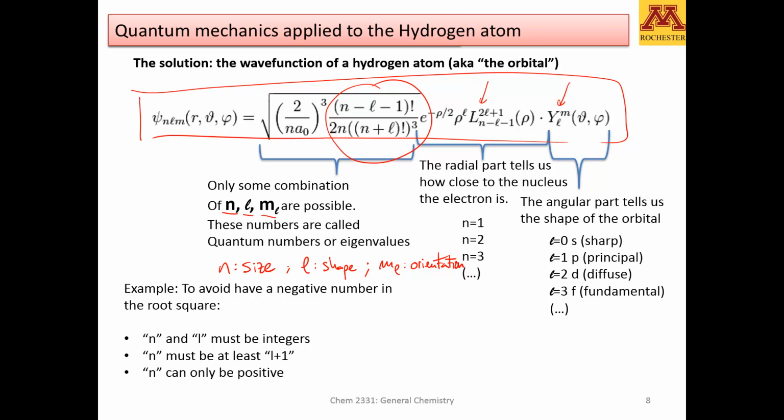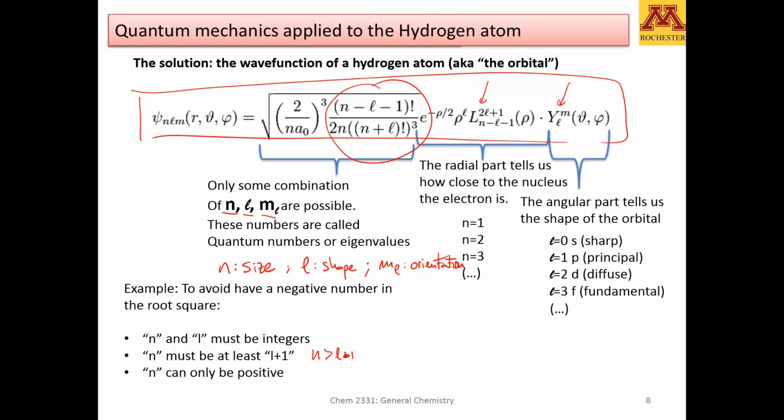And also notice that because these numbers are inside of a square root, n has to be larger than l minus 1. Otherwise, if l is larger, you're going to have a negative number inside a square root, and that gives an imaginary number. It's not a real function anymore. And for the same reason, n can only be positive.